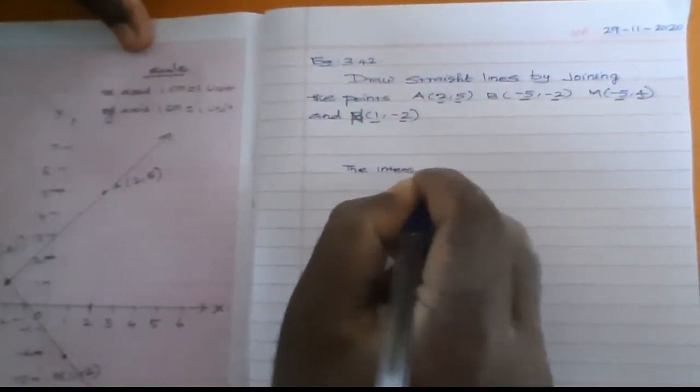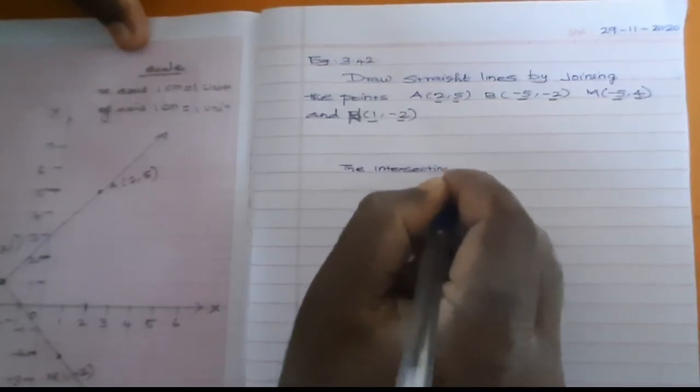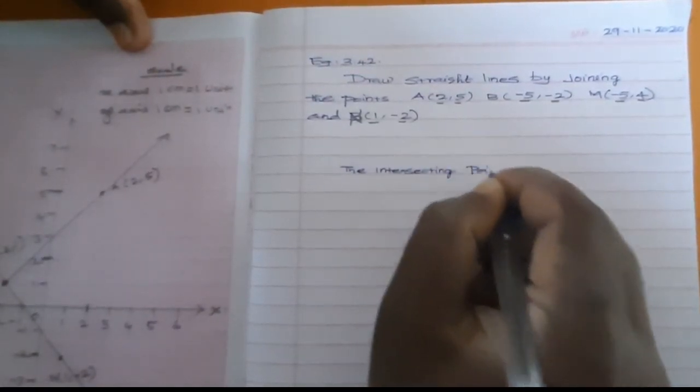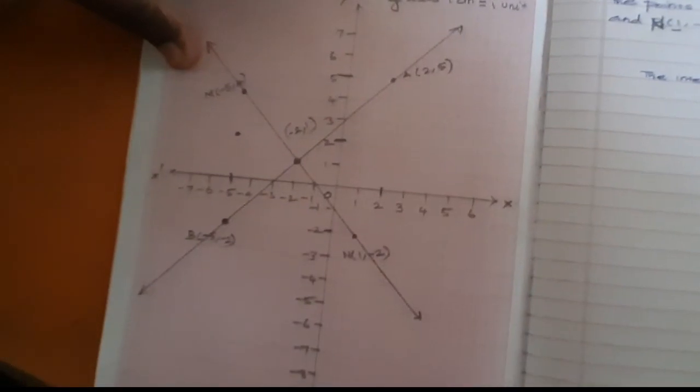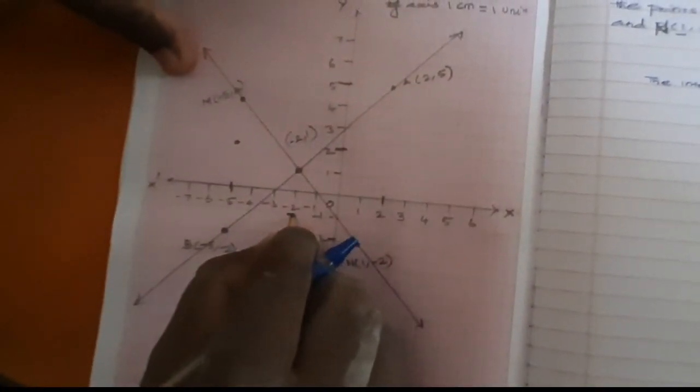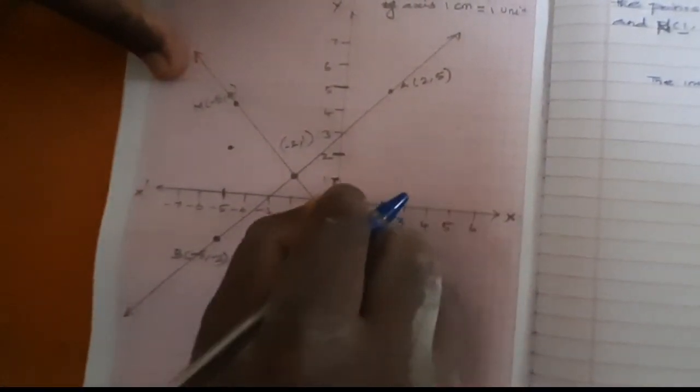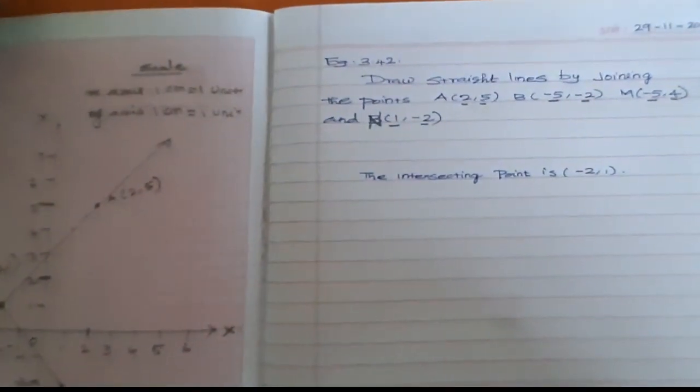Therefore the intersecting point is x-axis -2, y-axis plus 1. So (-2, 1). Okay.